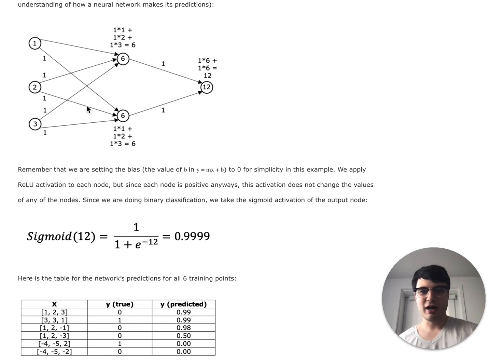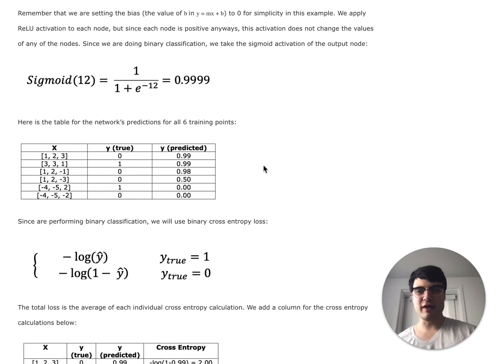In other words, update the weights of the neural network so that eventually the y true and y predicted are really close together. To do this, we're going to use a very popular loss function for binary classification called binary cross entropy loss, which is the following equation.